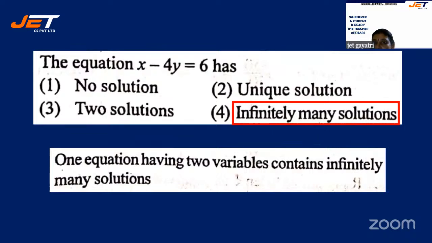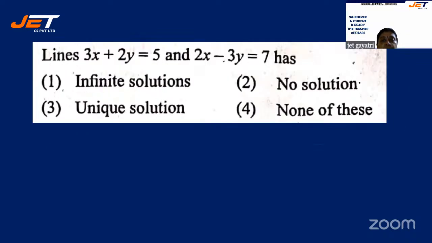Then y will have only one solution. Since we have two variables, x and y, definitely these two variables contain infinitely many solutions. All right, now let's move on to the next question.